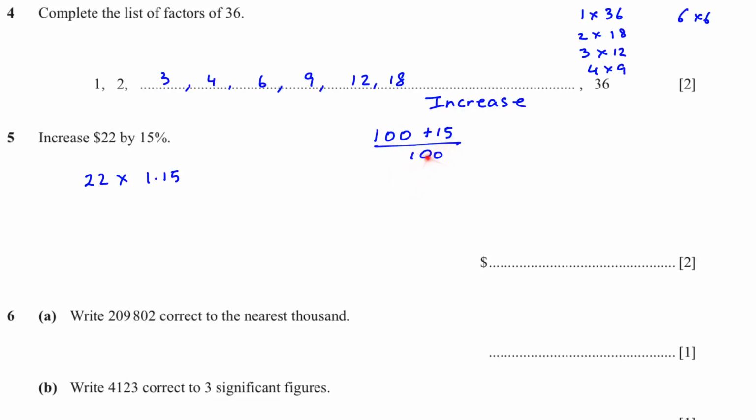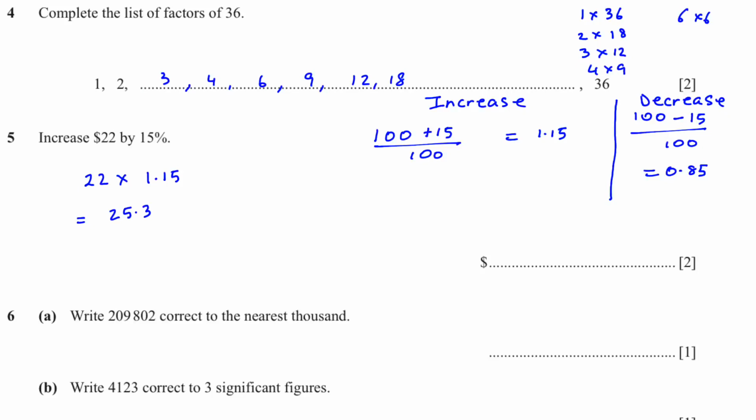So 100 plus 15 divided by 100 will give us 1.15. If you want to find the decrease, instead of plus, we'll put a subtraction sign. So 100 minus 15 divided by 100 is 0.85. So this will give us the answer 25.3.